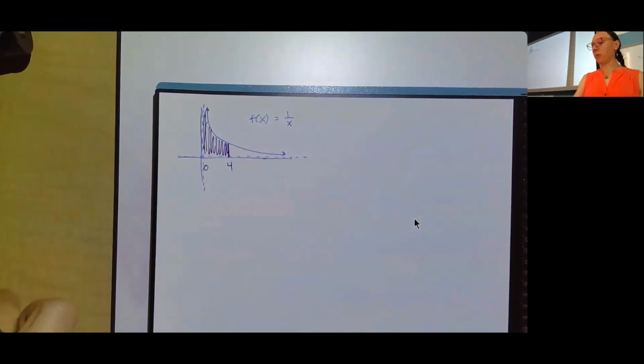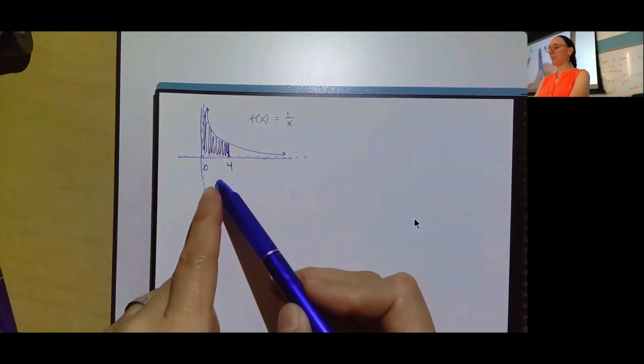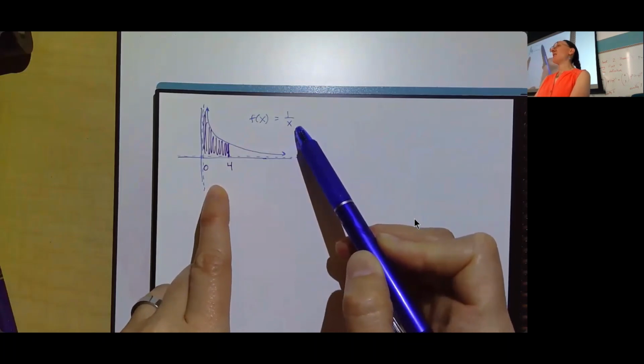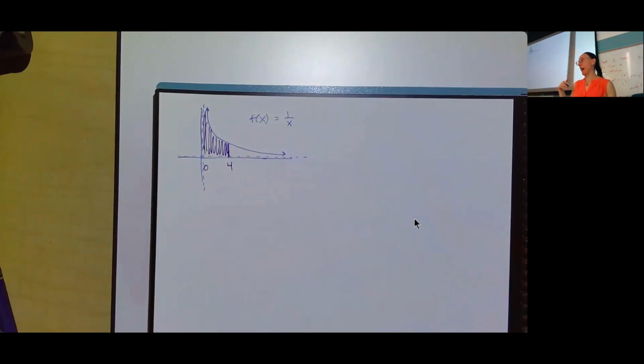Similar to the other problem, can I actually plug 0 into the function? Anytime I've got an asymptote happening, whether it's in the function or because my limits are infinity, it's an improper integral.